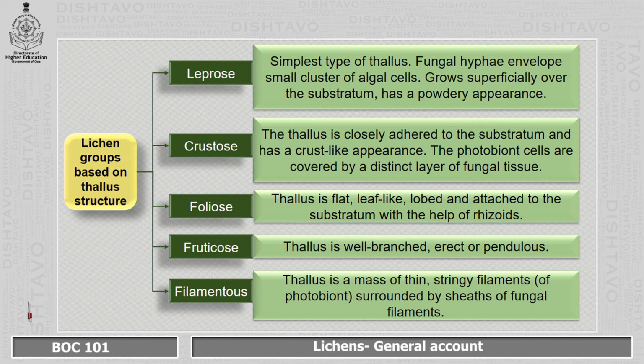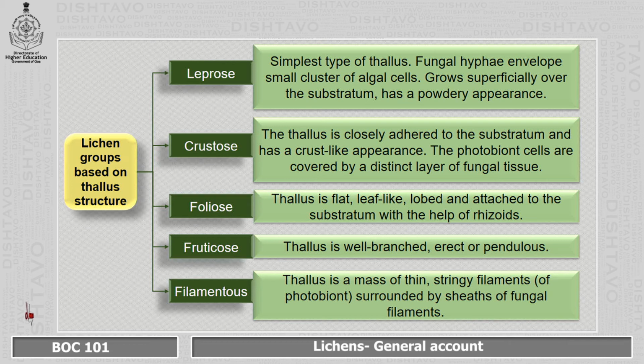The next type is the foliose lichen, wherein the thallus is flat, leaf-like, lobed and attached to the substratum with the help of rhizoids. The fourth type in this group is the fruticose lichen, wherein the thallus is well branched and erect or pendulous.